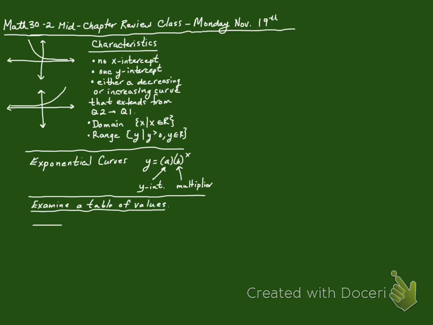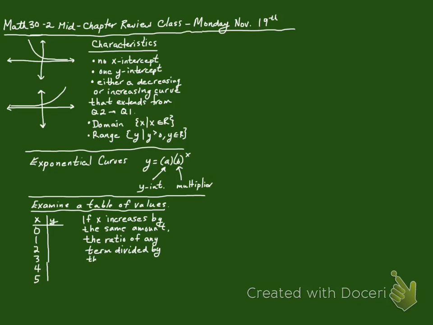When we examine a table of values, x and y, notice that the x values go up, increasing by the same amount. 0, 1, 2, 3, 4, 5 in this case. And if the x increases by the same amount, the ratio of any term divided by the previous term in the y is going to determine our multiplier, which is, of course, our b value.